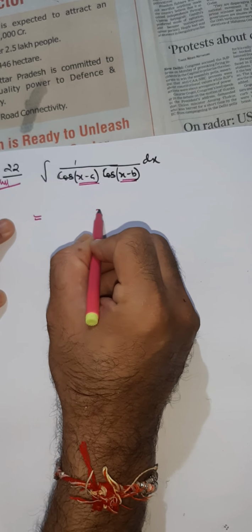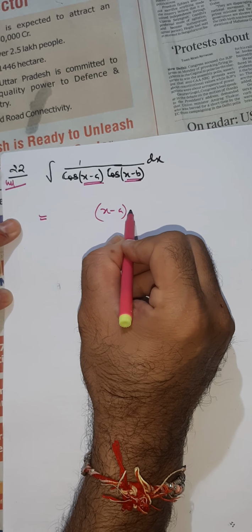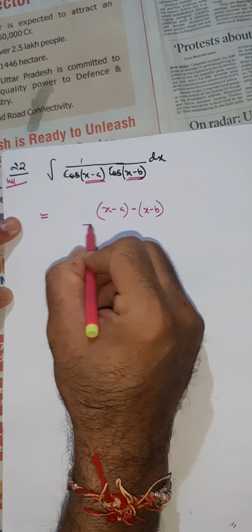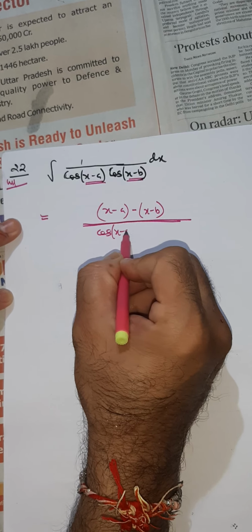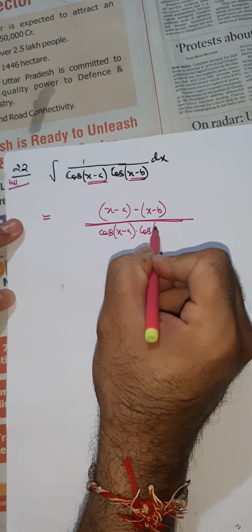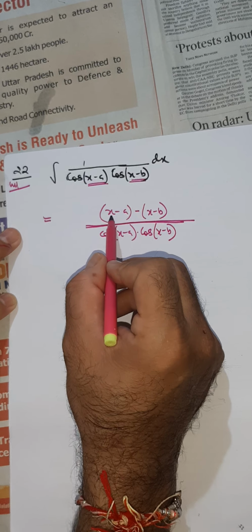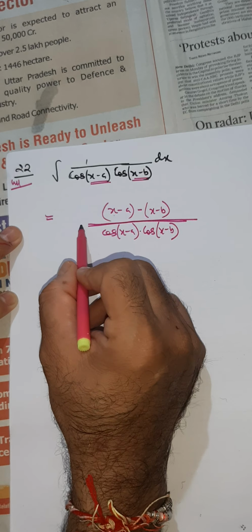So I'll write here x minus a, I'll put a minus sign, x minus b. Here cosine x minus a into cosine x minus b. If you just open this bracket, the variable will get cancelled. This is plus, so you are left with b minus a.